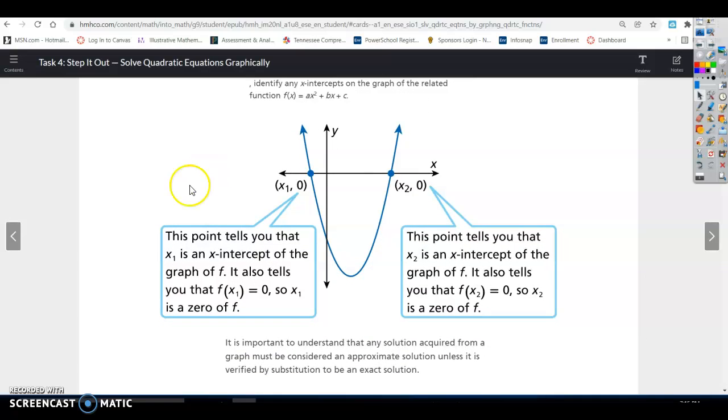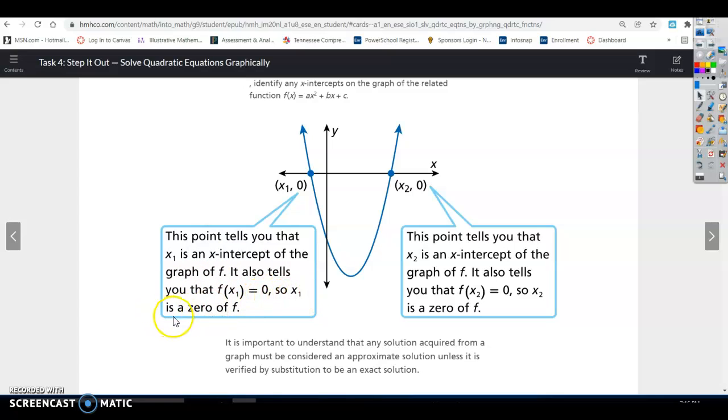All right, so this is just an example. Okay, normally there would be numbers here, but they're just saying x1 and x2 because this represents two different zeros or two different x-intercepts. So this point tells you that x1 is an x-intercept of the graph of f. It also tells you that f of x1 equals 0.